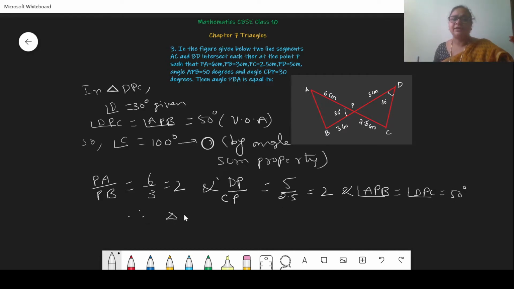Therefore, triangle APB is similar to triangle DPC by SAS criteria.